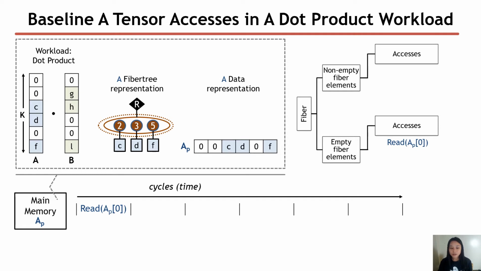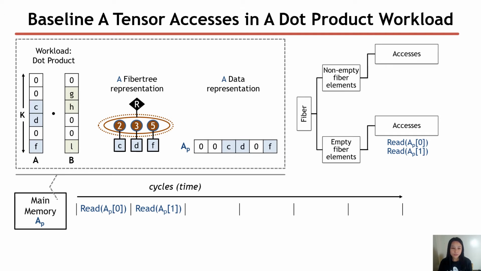So the read of the first element in A payload is an access to an empty fiber element because originally this element is not present in your fiber tree, right? So it's an empty fiber element, and this read belongs to this category, which is an access to an empty fiber element.